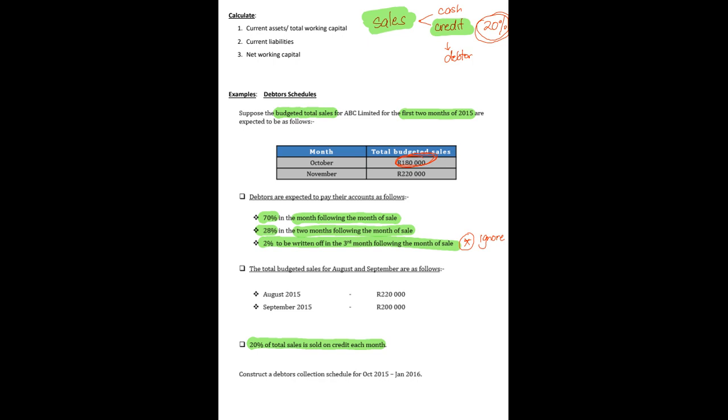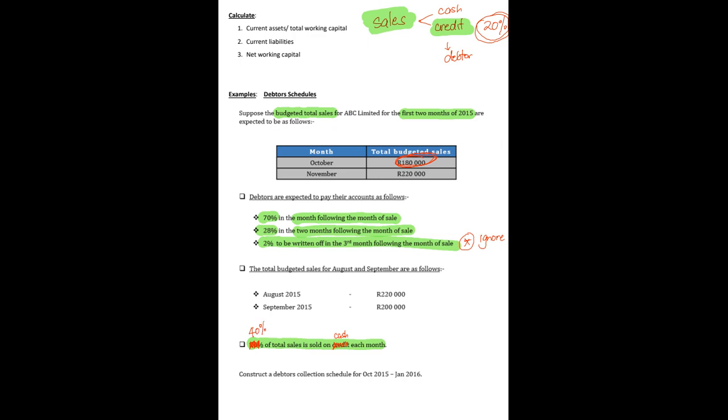Sometimes you might find that they would say to you, for example, 20%. Okay, let's change the figure and just change this word. This is just an example to show you how else it could be presented to you. They could say maybe 40% of your total sales is sold for cash.